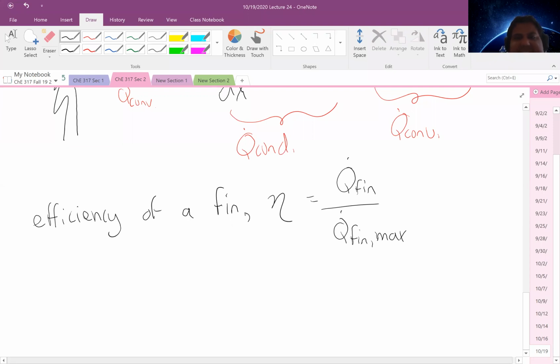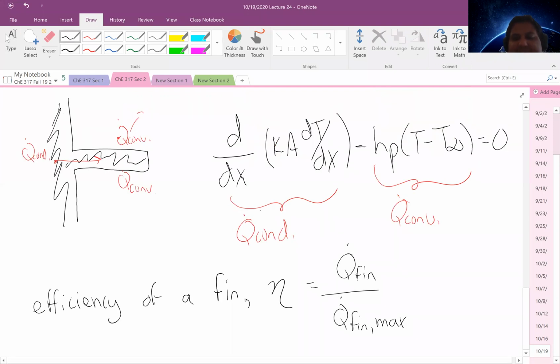And once again, this is at steady state. At steady state, the conduction into the fin and the convection out of the fin will equal 0.